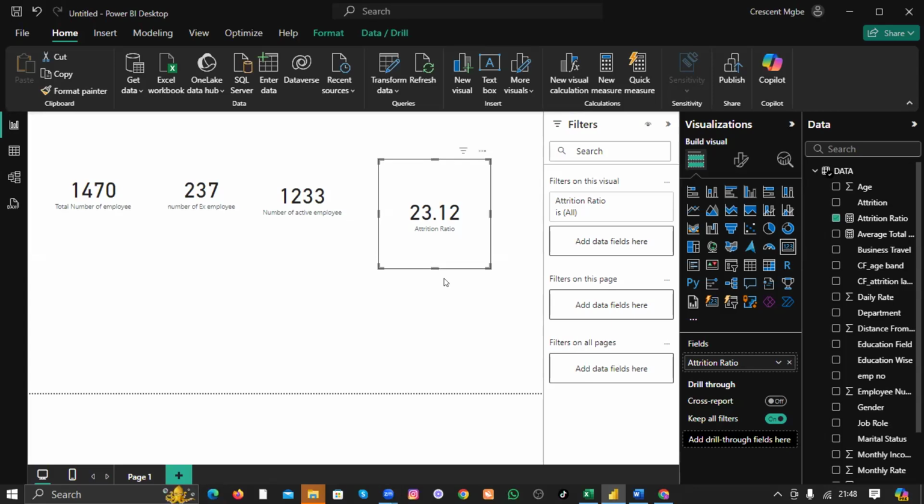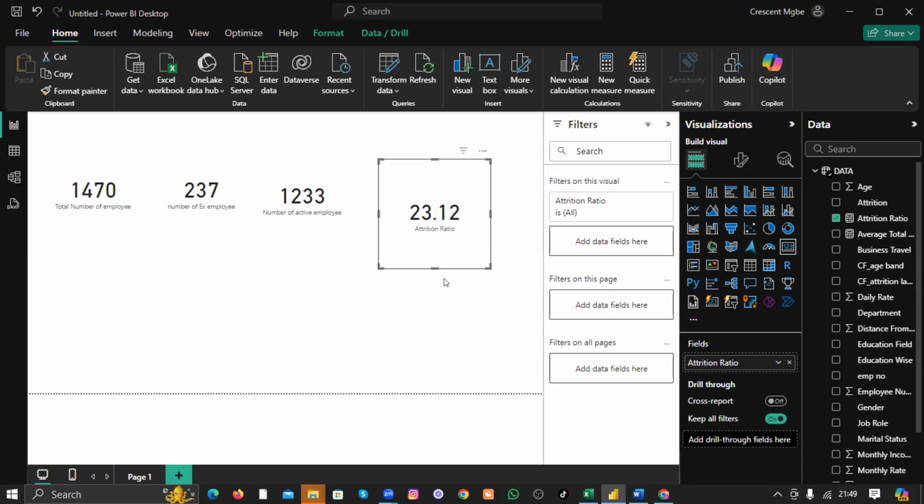So how do you know an attrition ratio that is low? Attrition ratio is measured in a percentage. When it is between 0 to 10%, it is low. It means the company is doing well with the staff welfare. When it is between 10 to 20, it's normal because some staff can just get a job elsewhere that's paying higher and leave.